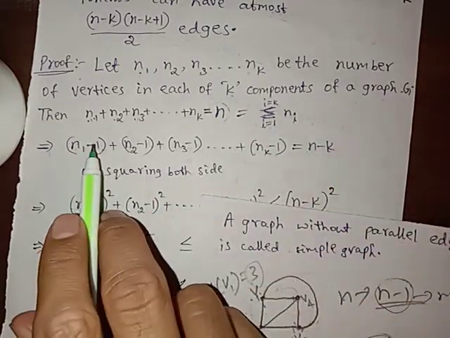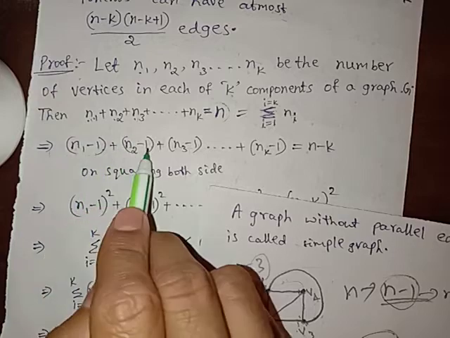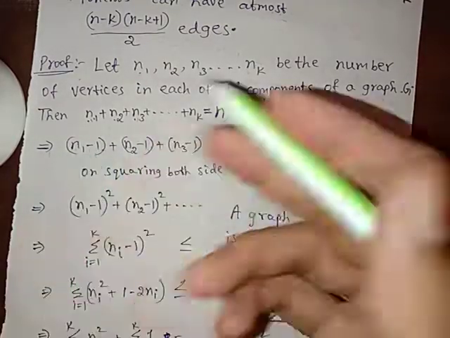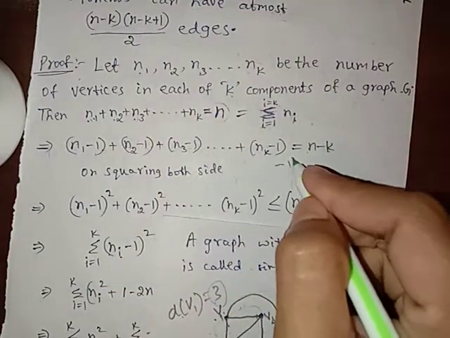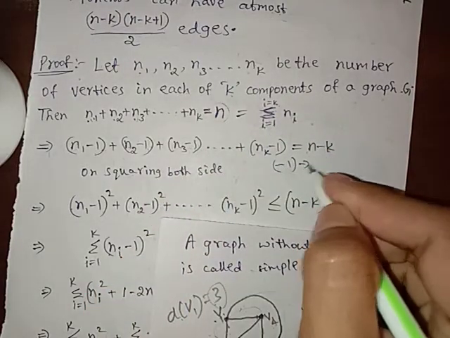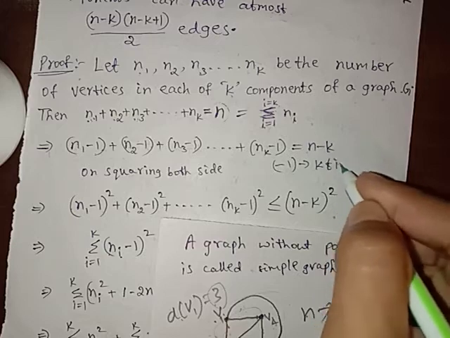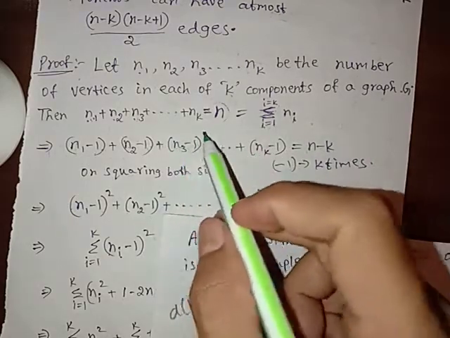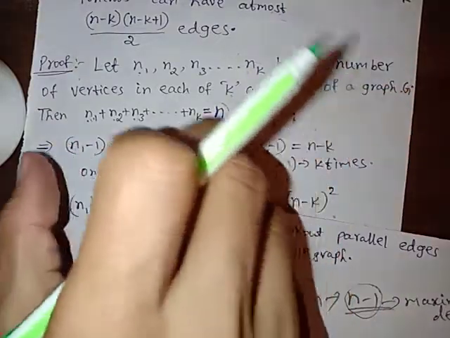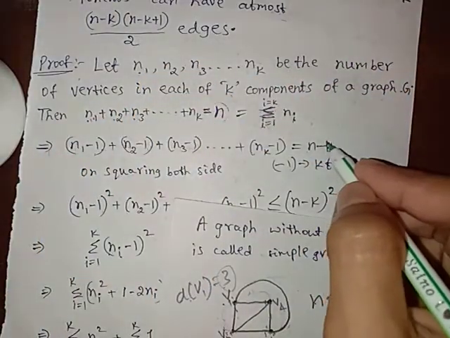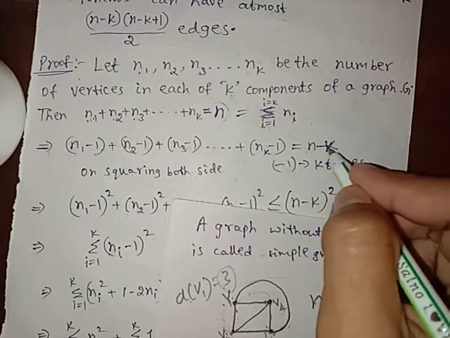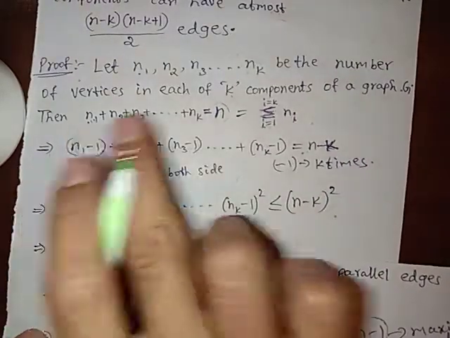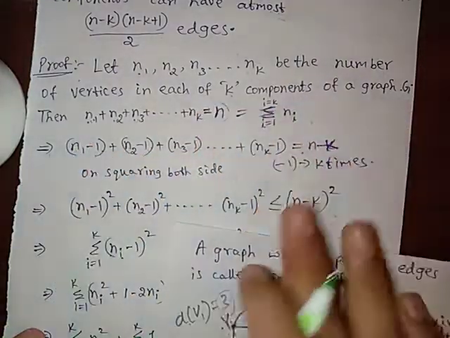Why? Because minus 1 is repeated k times, so totally we must subtract k from this sum. So n minus k.